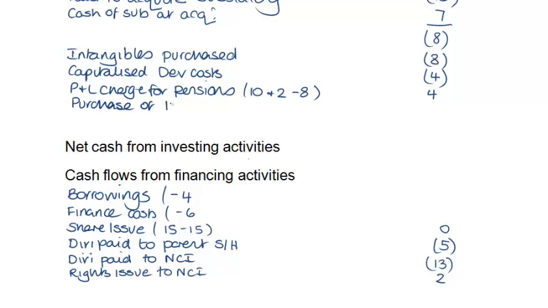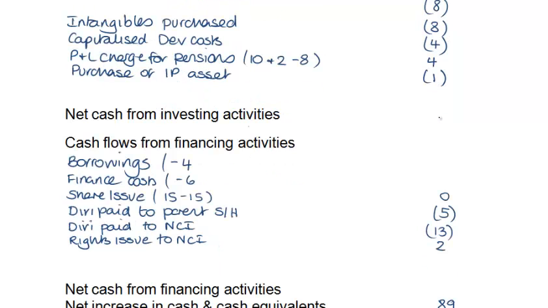Purchase of investment property assets, 1 million negative. We're using the fair value model because, of course, you do have a choice with investment properties. I'd never get that wrong, would I? So that's note 5 dealt with.